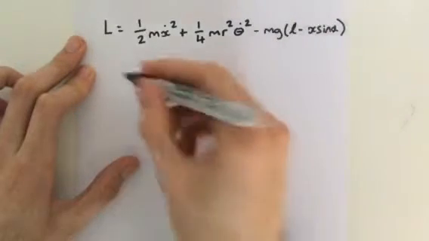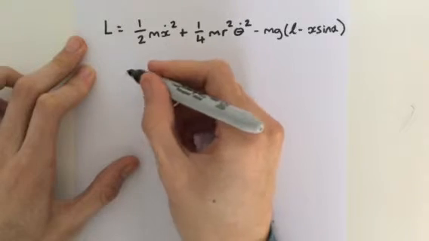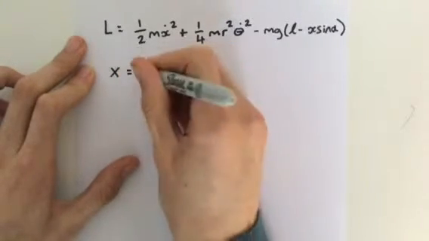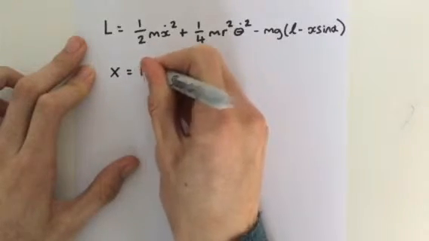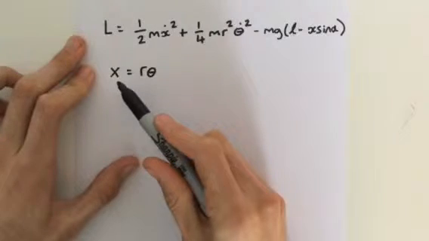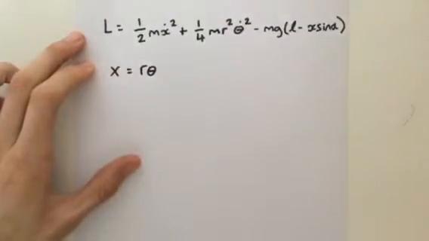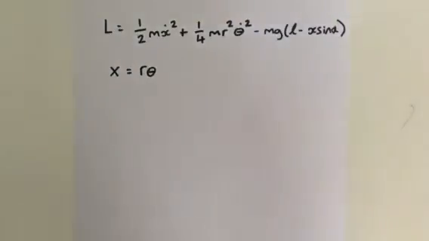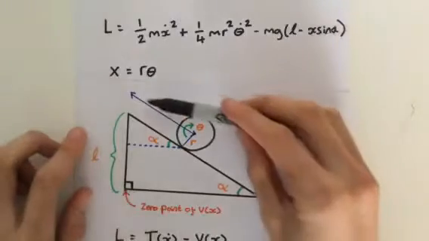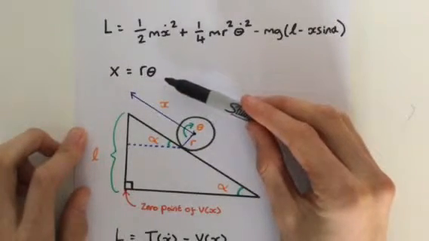Okay, so we need to find the equation of constraint. Our arc length is equal to r theta. Our arc length therefore is going to equal our distance x. So if we get the diagram quickly again, this distance x is going to equal the arc length, which is r theta.